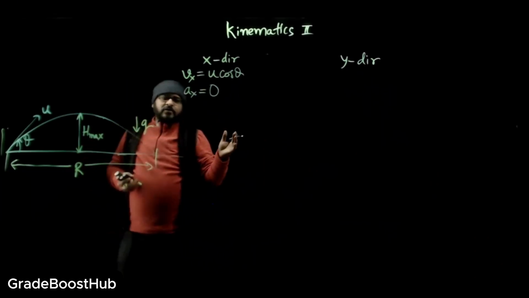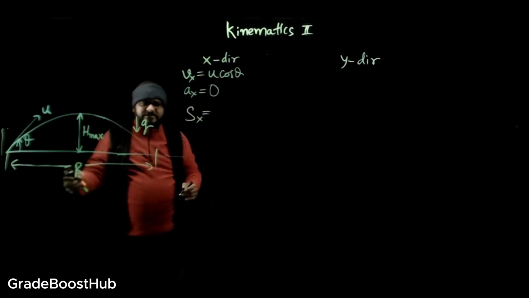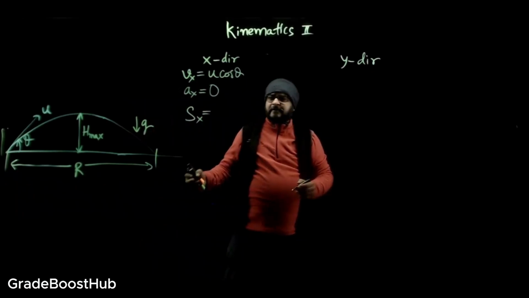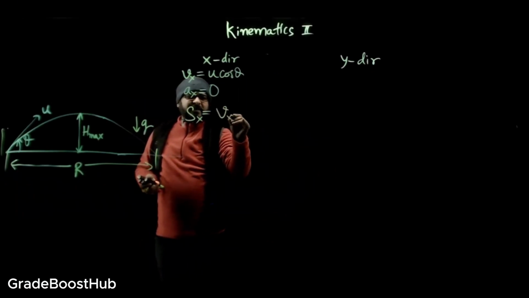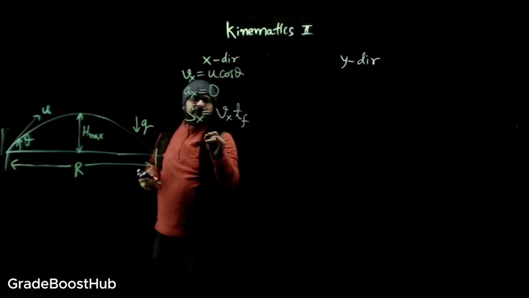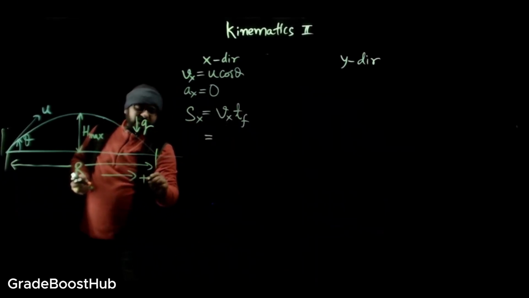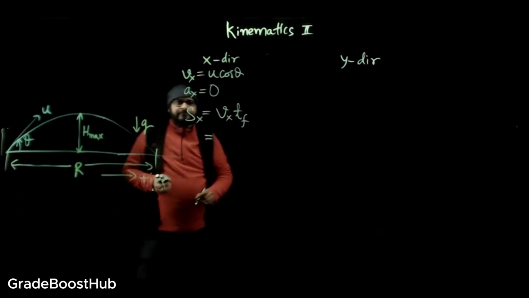Okay. So if I want to know how much Sx, the distance in x direction, it travels, it is Vx times time of flight. Right? Vx I am aware of. I forgot to tell one more thing. Everything in this direction I have taken positive.